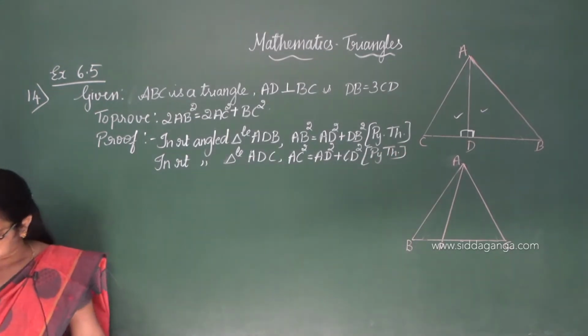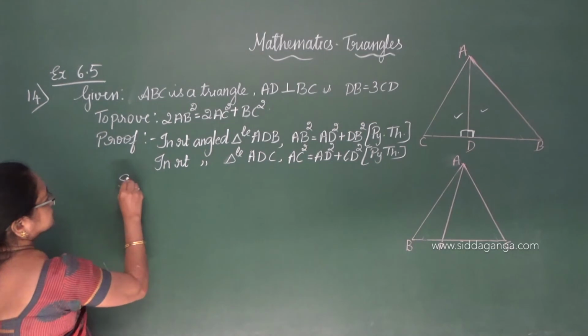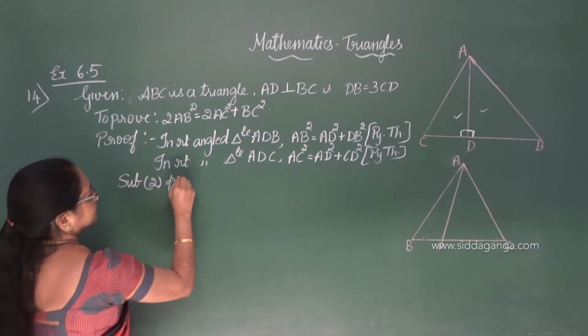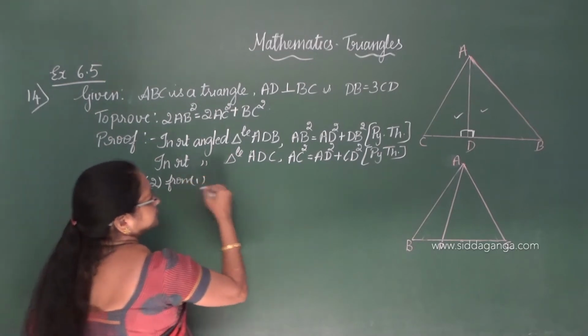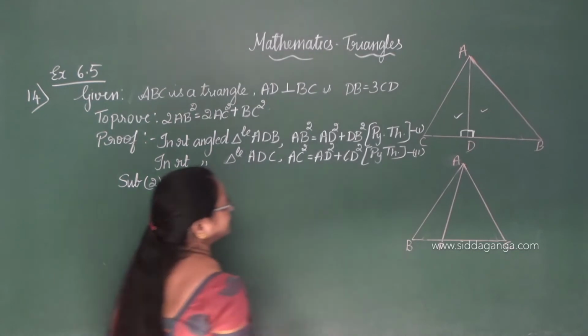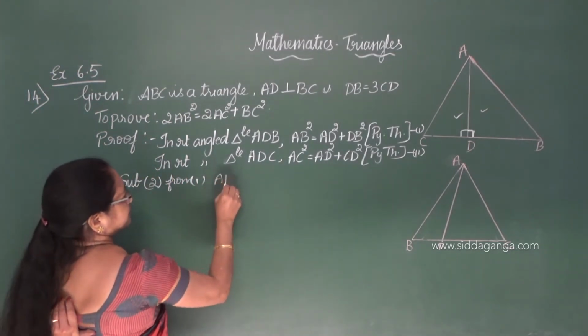Okay, I hope you understood the two. See, now subtract 2 from 1 here. So this let us take as 2, this let us take as 1. 2 from 1. So what will happen?